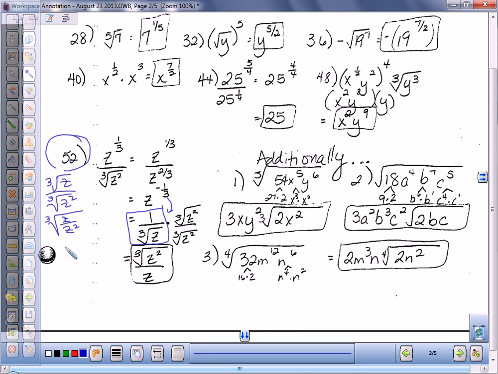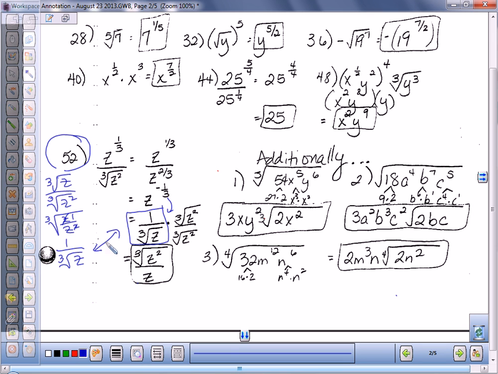Yeah. So this cancels with one of these. So it's the cubed root of 1 over the cubed root of z, which is 1 over the cubed root of z. Is that the same thing? Yes, it is. Okay. Now this is a good problem to ask about, because it's just like that other one. That's where I stopped. That's where you stop.